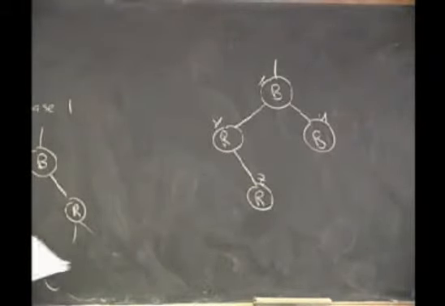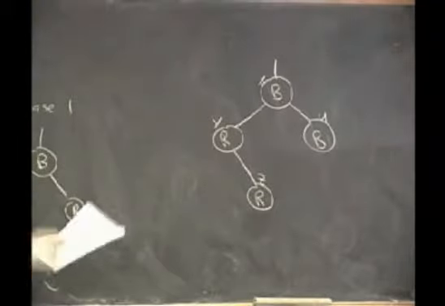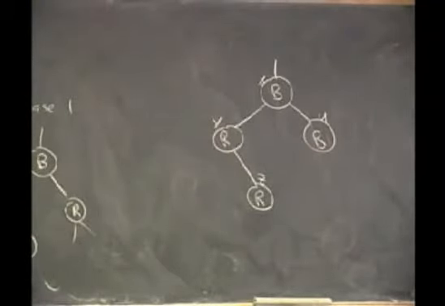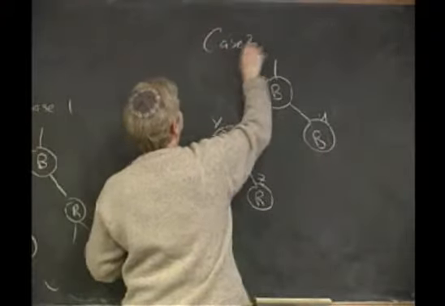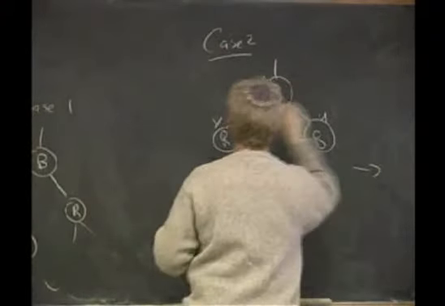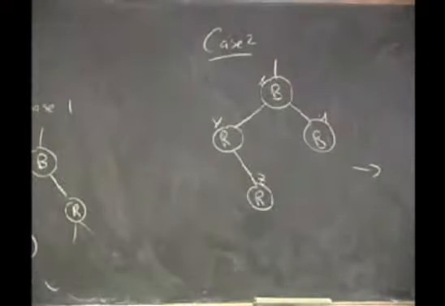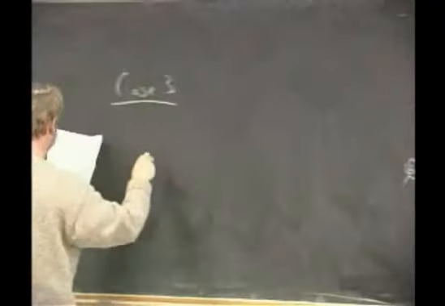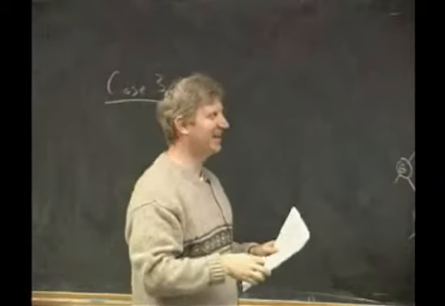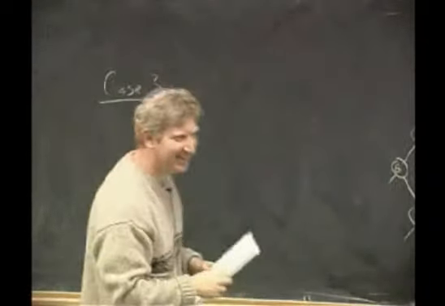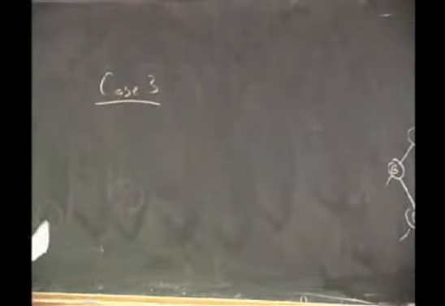This is a harder situation. You know what? I'll do it last because it's harder. I'm going to do case 2 last. I'll do case 3 here because it's easier. Then that would be case 2. Just kidding.